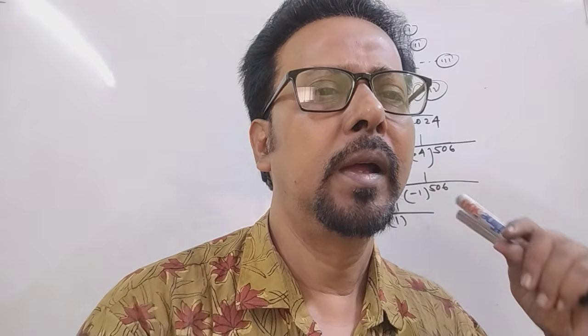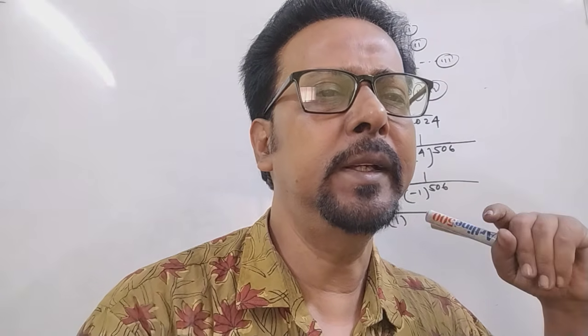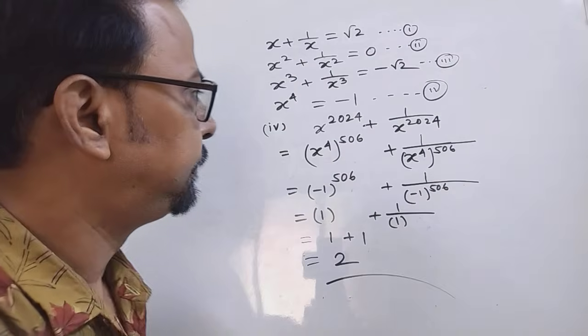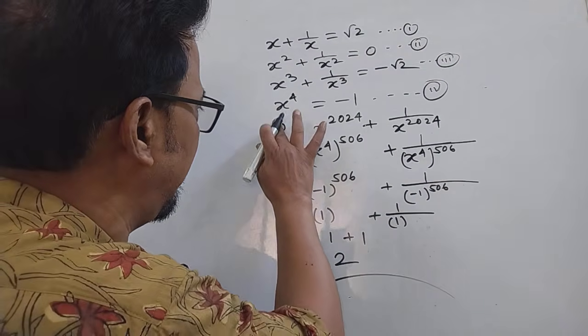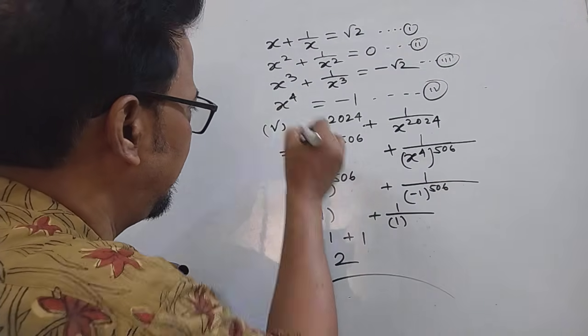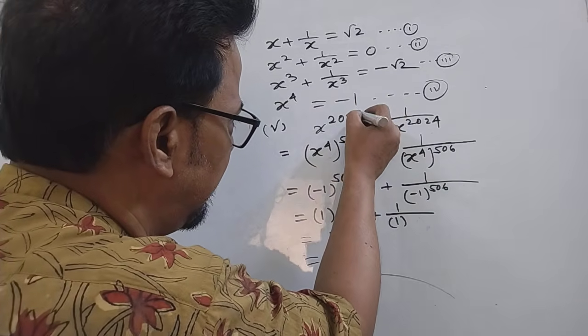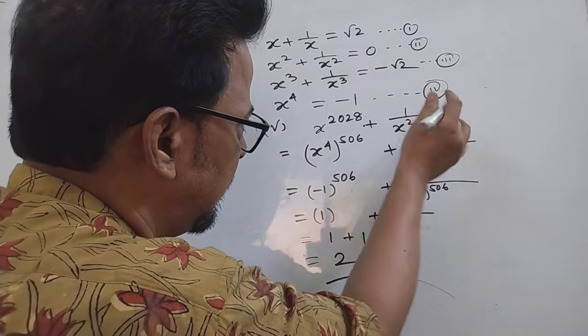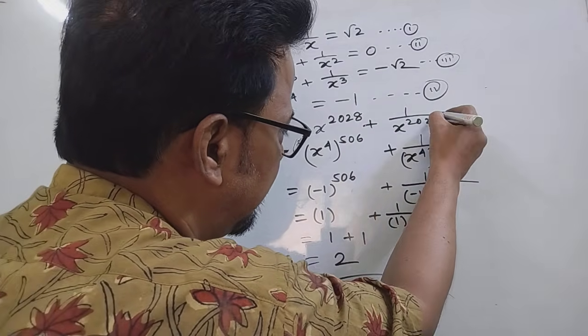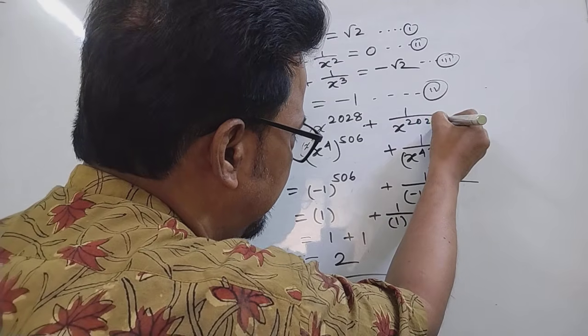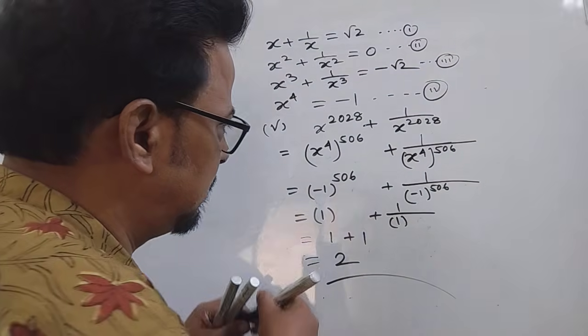Now my question is, you have to find number 5, 2028, and give me a reply in the comment box.